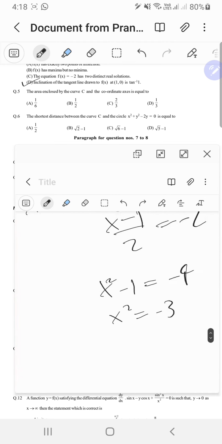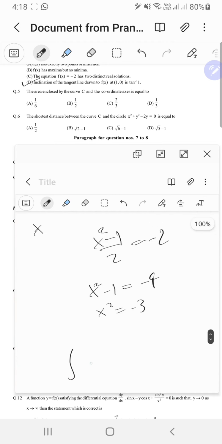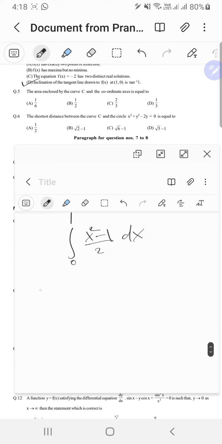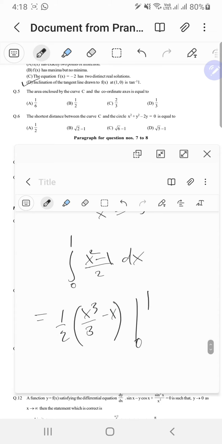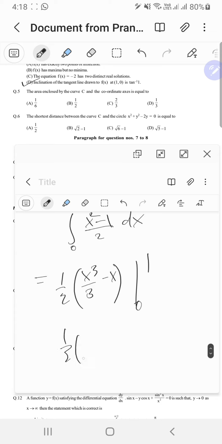Okay, fine. So integration from 0 to 1, what's this going to be? Isn't that what they're asking? So this will be x cubed by 3 minus x, all that half, from 0 to 1. So it's half of 1/3 minus 1. Actually get mod of that, of course.